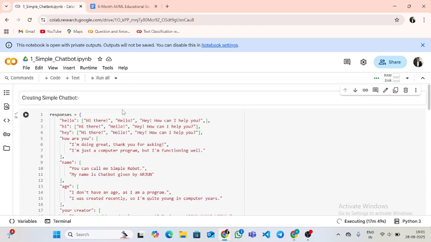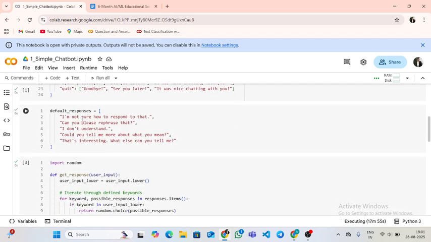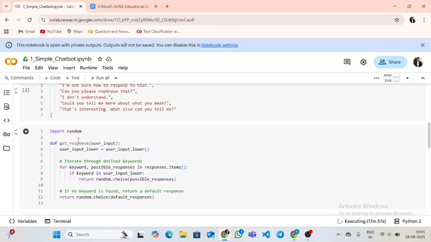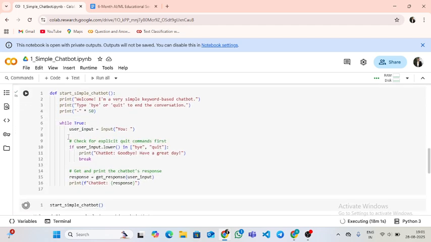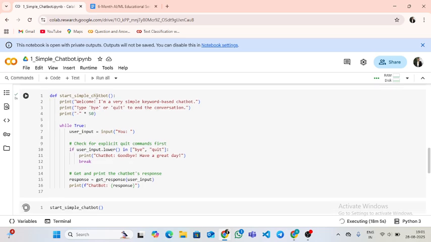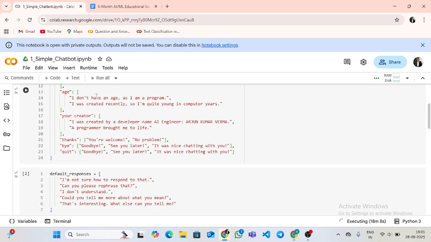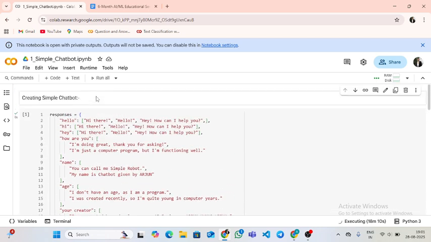So in the steps I told you that first we create responses. And the second function which I discussed previously, and the third and last function which we have to call everywhere. Now we will discuss one by one, starting with responses.